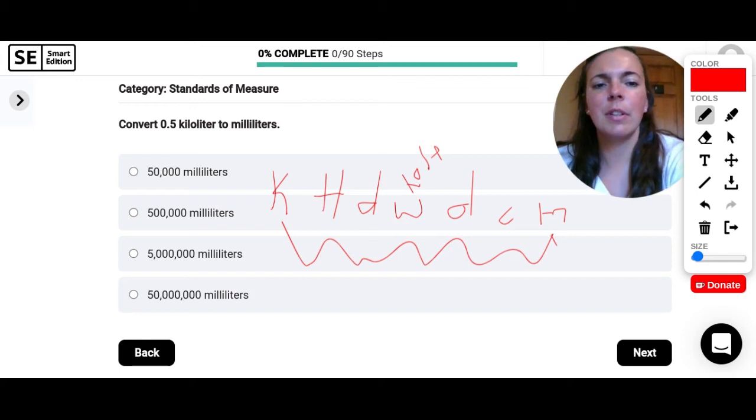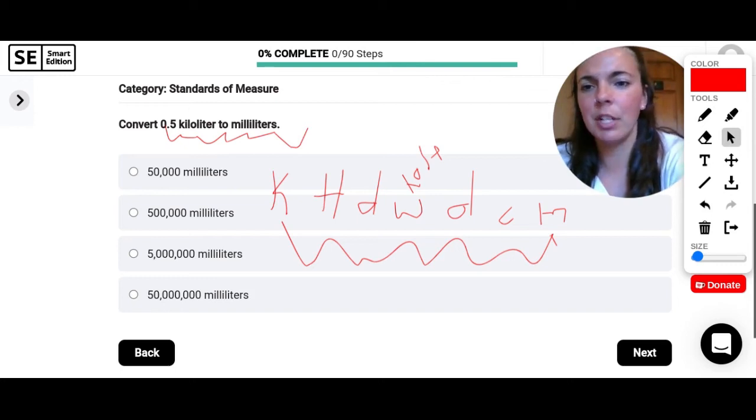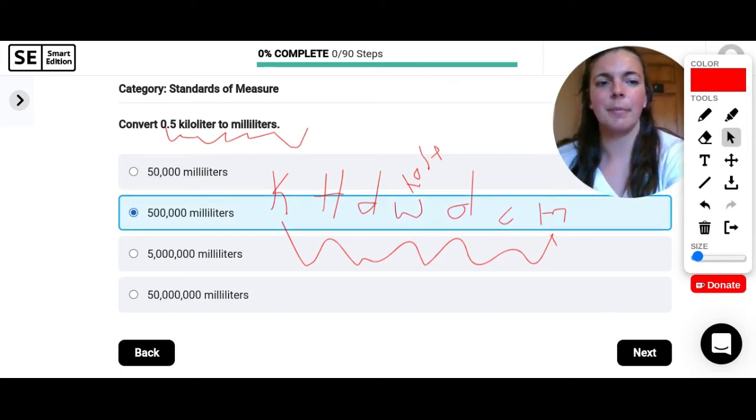That's the same thing as multiplying by 1,000,000, 6 times to the right. So I'm going to have a lot of placeholders here. 1, 2, 3, 4, 5, 6. Should be a 5 with 5 zeros after it, so 500,000 milliliters.